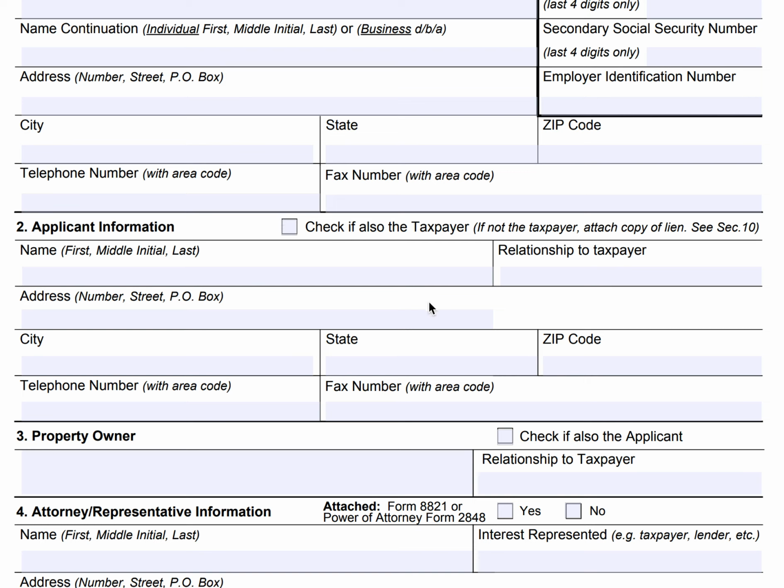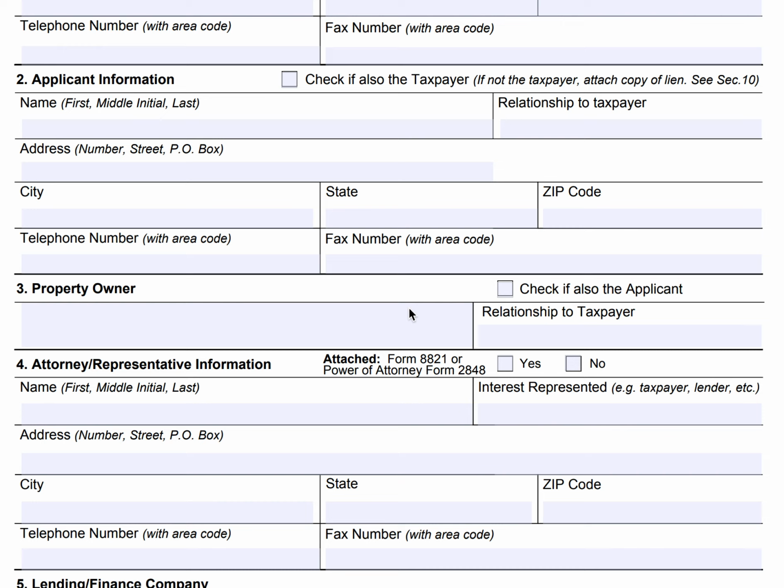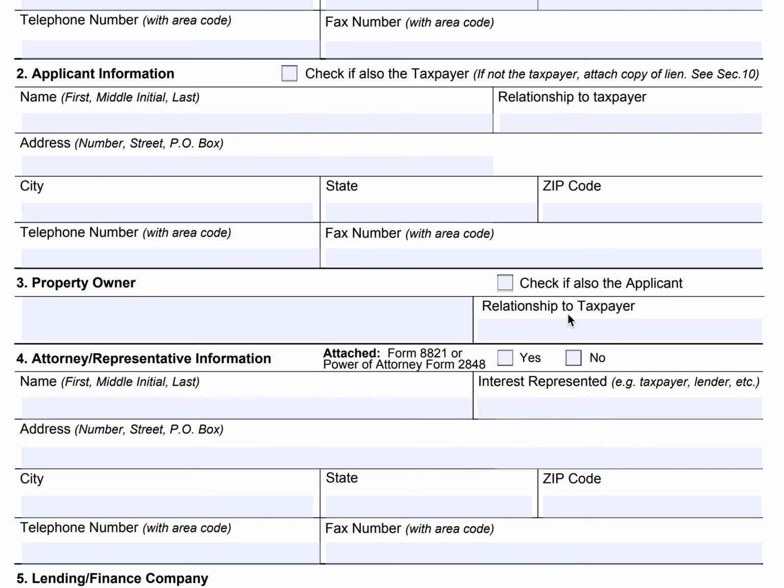If you're not the taxpayer, then you would need to attach a copy of the lien that you're trying to get subordinated. And then you'll enter the property owner's information, check if you're also the applicant, and then any relationship to the taxpayer.